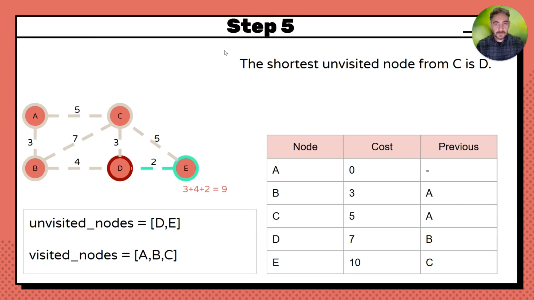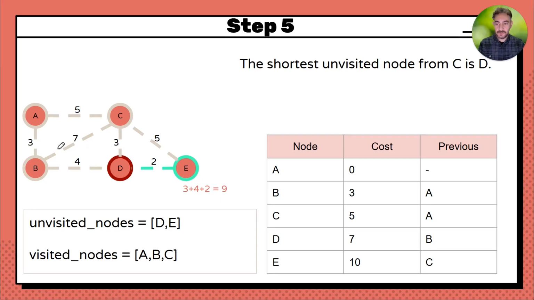We can see that the shortest unvisited node from C is D, and the other unvisited node is E. When we calculate the path to E from D, we take into account the shortest path to D, so the path is now 9.